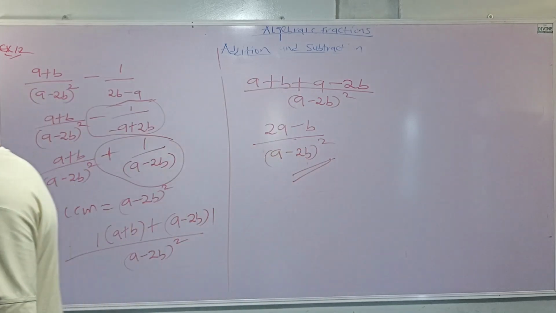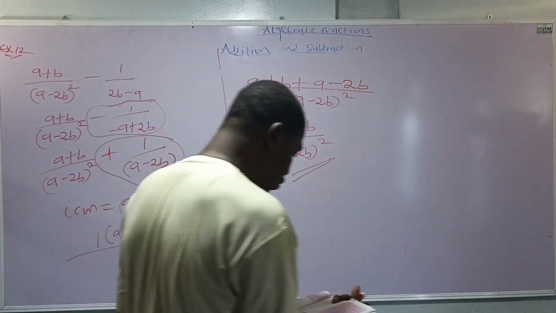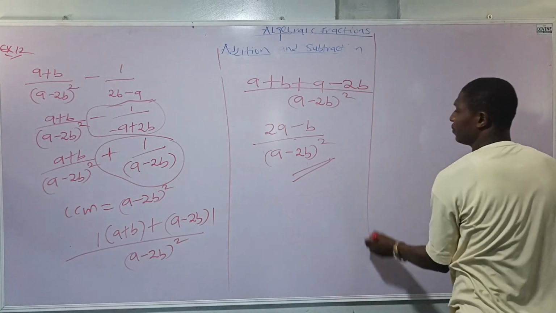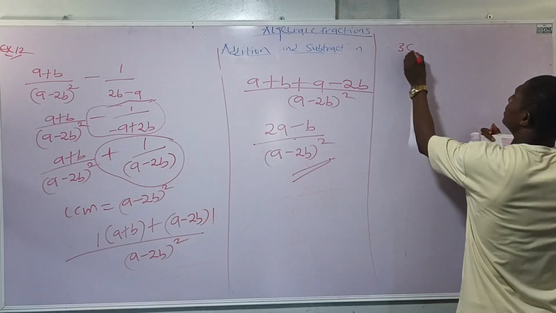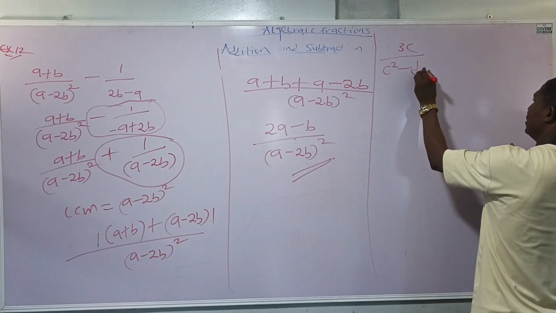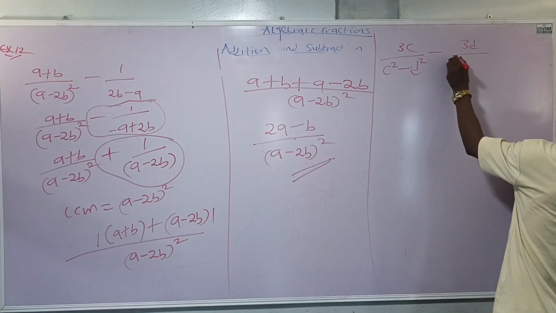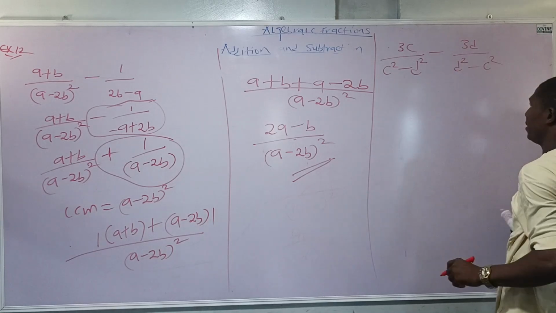The next one on our list here should be a little more tougher. I have 3c all over c squared minus d squared, minus 3d all over d squared minus c squared.